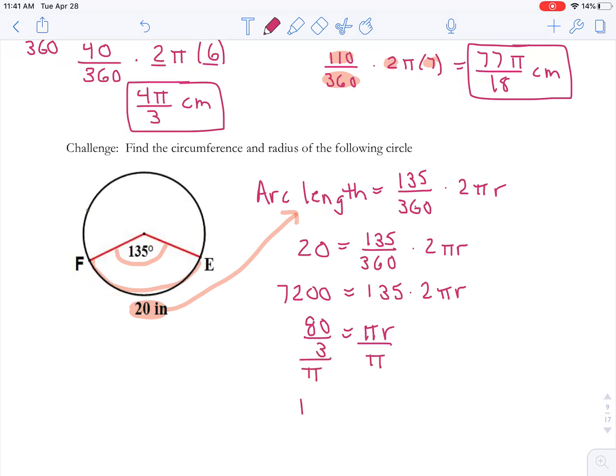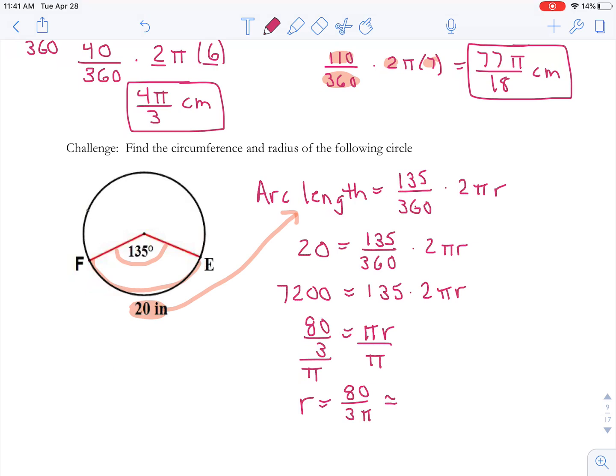Hey, if I divide by pi, now we're not going to be able to simplify this because it's not going to be something pretty for us. It would work out to be 80 over 3 pi if we do simplify that, but we want to know what that actually is.